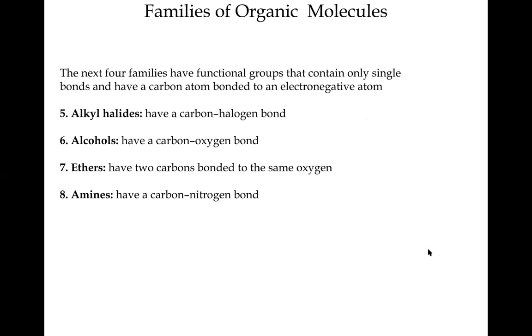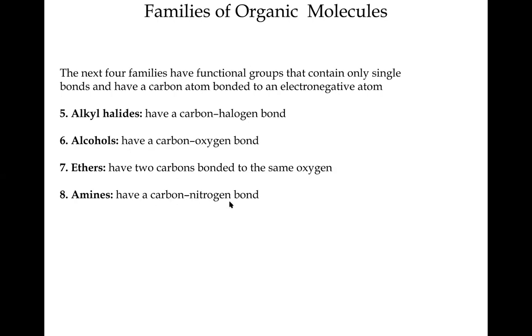And then the next four families are going to have single bonds also between a carbon and some electronegative atoms. So whether it's the alkyl halides that are bound to a halogen like fluorine, chlorine, bromine, iodine, or if it's an alcohol with a carbon bound to an oxygen, oxygen is then bound to the hydrogen, or ethers where you have two carbons with an oxygen in the middle, so an oxygen sandwich, or amines, carbon, nitrogen.